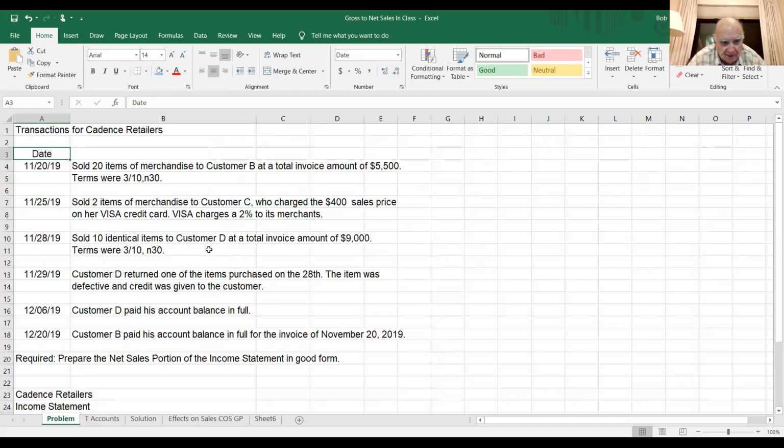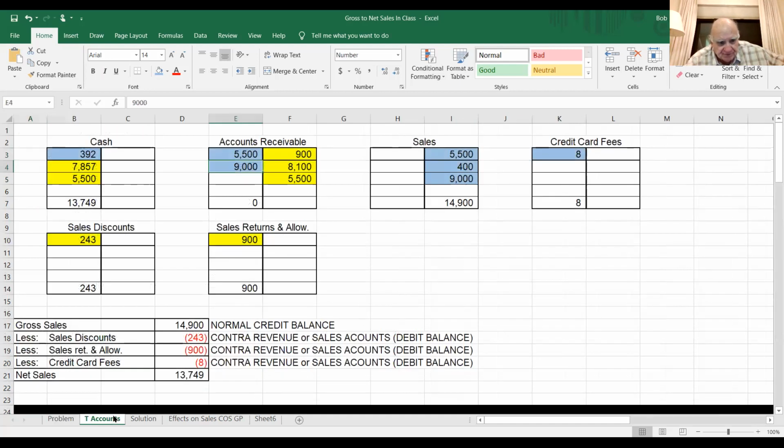Customer D, this guy here on the 28th, returned one of the items. Good gosh. What do we do with this? Well, we know we have to debit the sales returns and allowances account. Of course, we never debit sales.